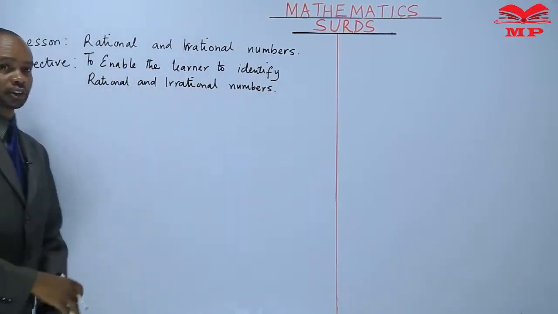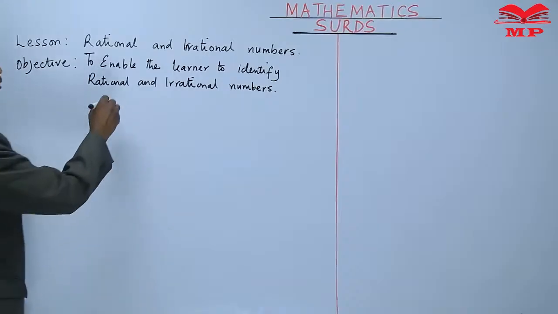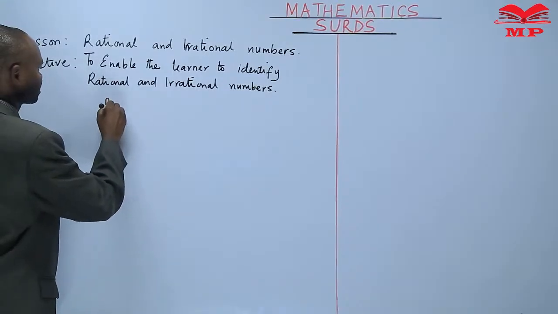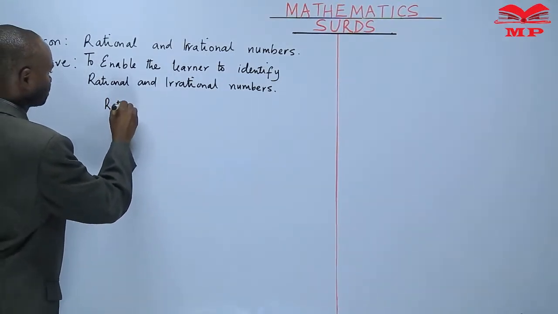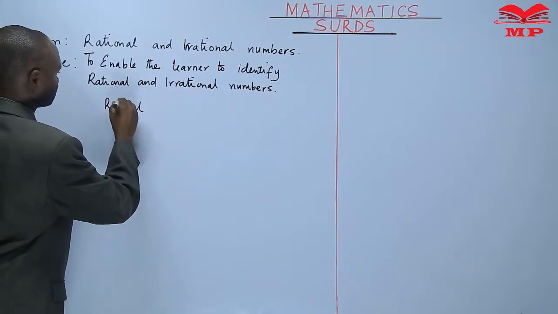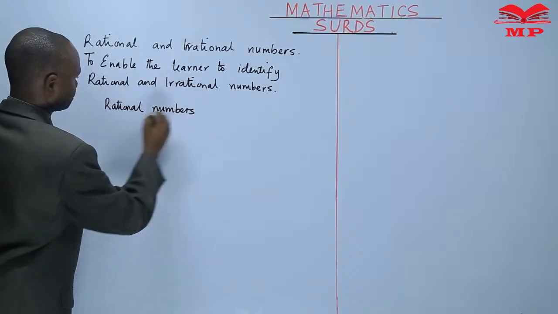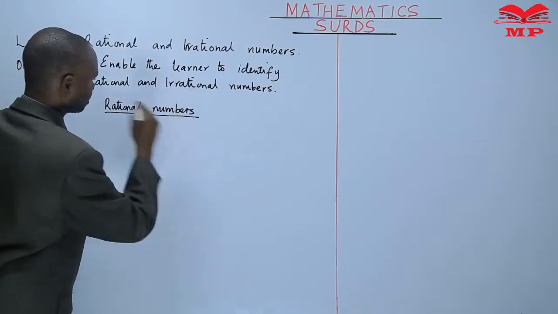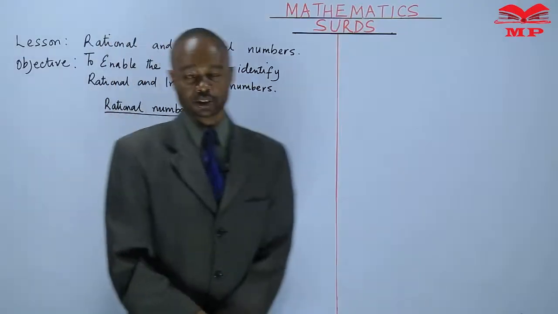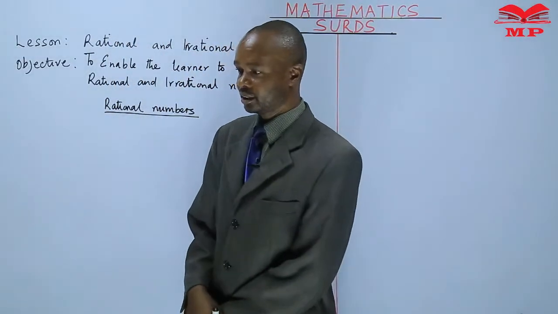So that is the objective. So we begin with rational numbers.